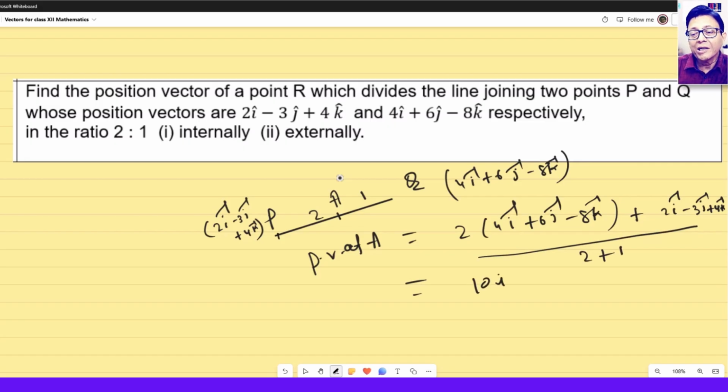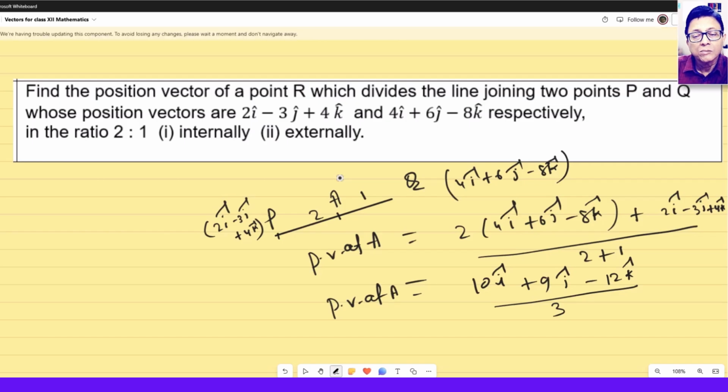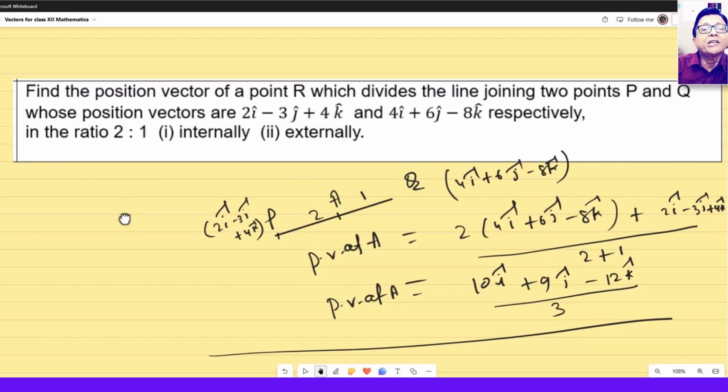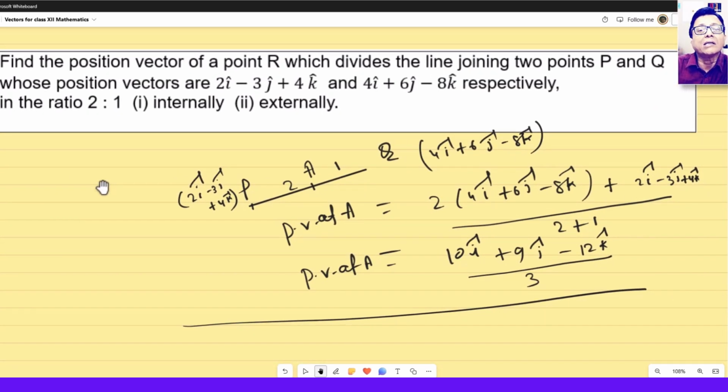So it will be 10i plus 9j, 16 plus 4. Okay. So you got the position vector of the point A which will divide it internally in the ratio 2:1. For externally you just put a minus sign over there.